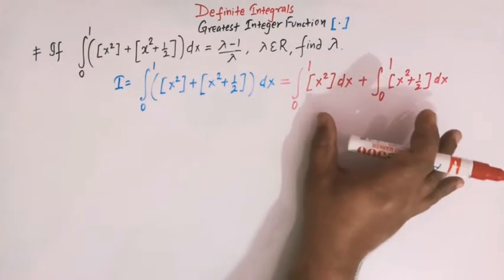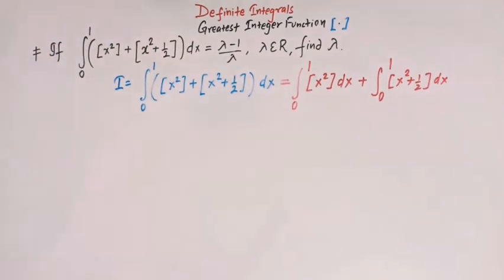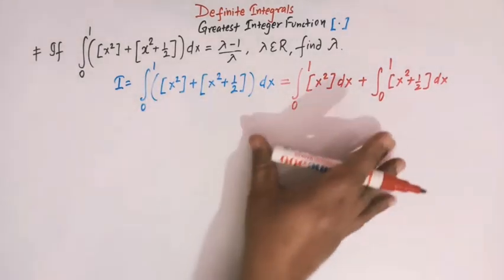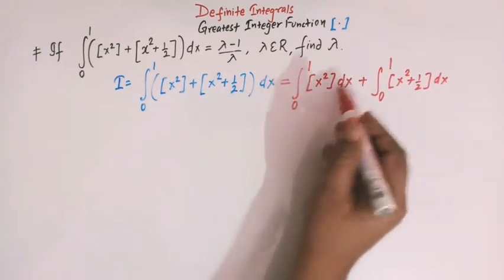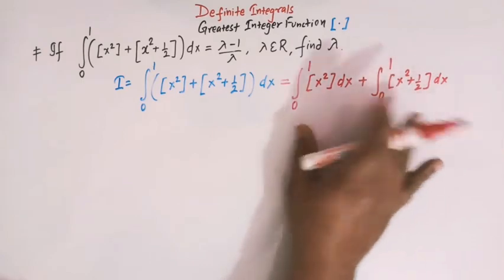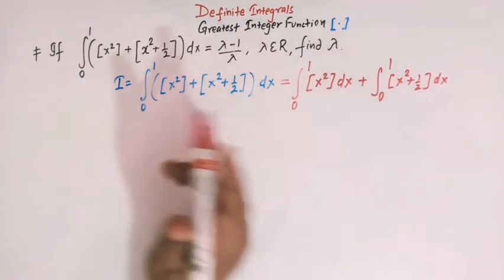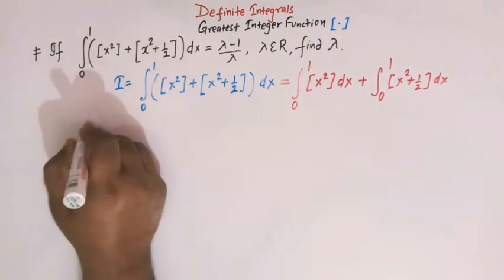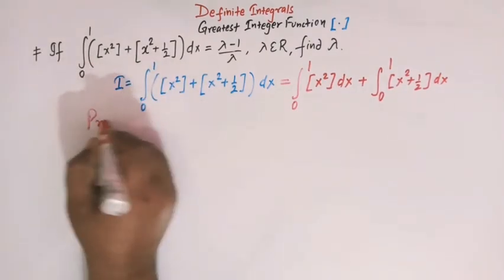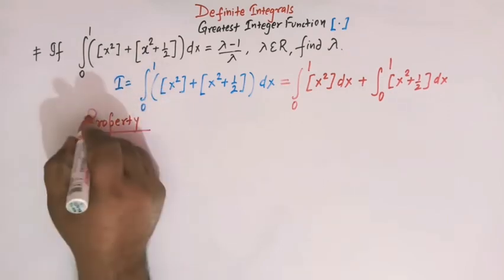So in order to avoid this lengthy process, we'll make use of the important property of greatest integer function. So we are not going to adopt this method, that is first finding out this integral, then finding out this integral, and then adding up both the results. Instead, we'll make use of one important property of greatest integer function, and the property goes like this.